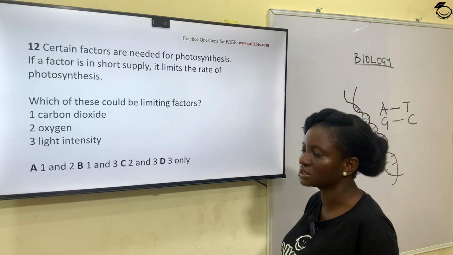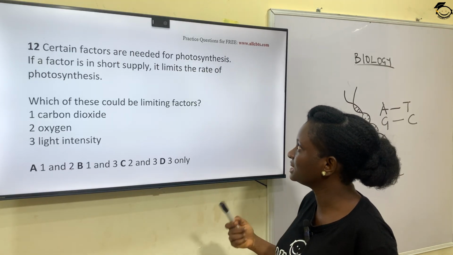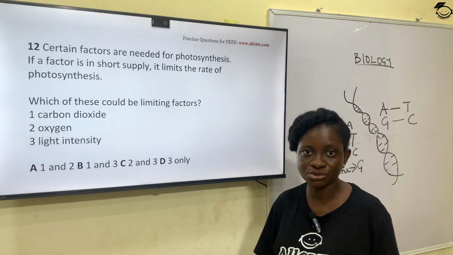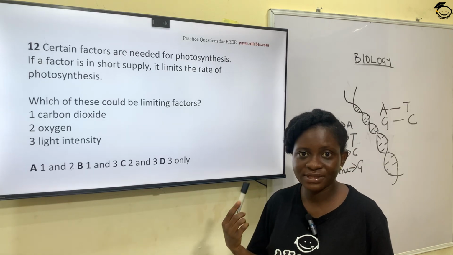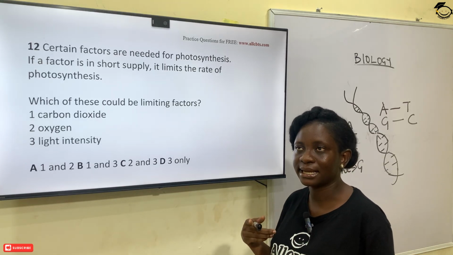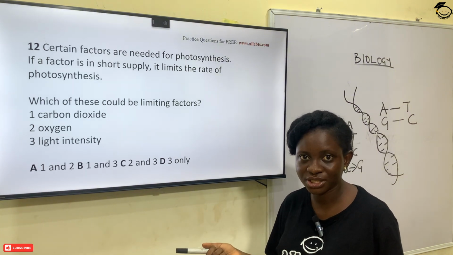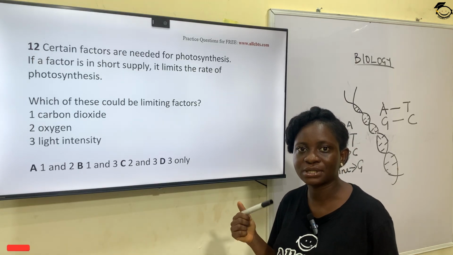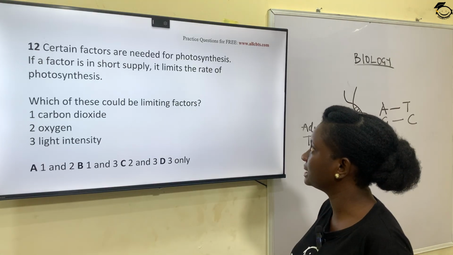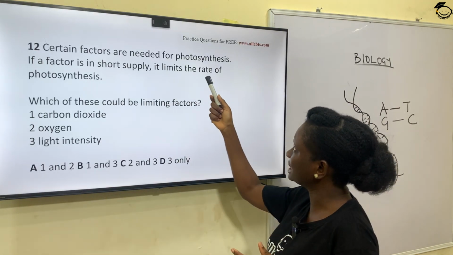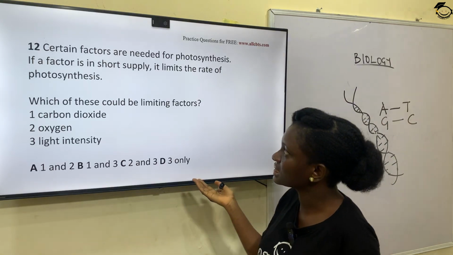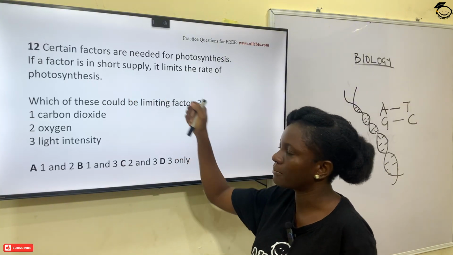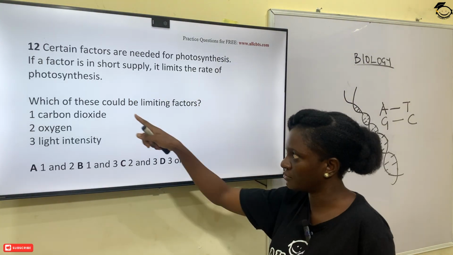The next question, question 12. Certain factors are needed for photosynthesis. For photosynthesis to be carried out by autotrophs, we have starting materials like light for energy, light from sunlight. We have starting materials like carbon dioxide too. If a factor is in short supply, it limits the rate of photosynthesis.